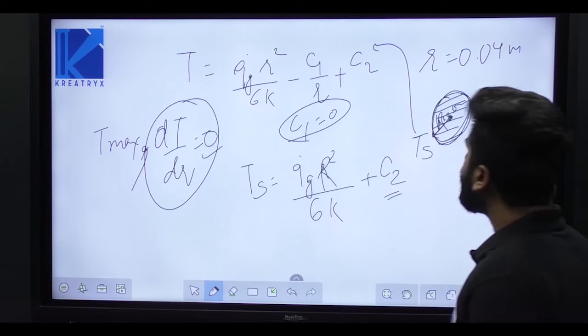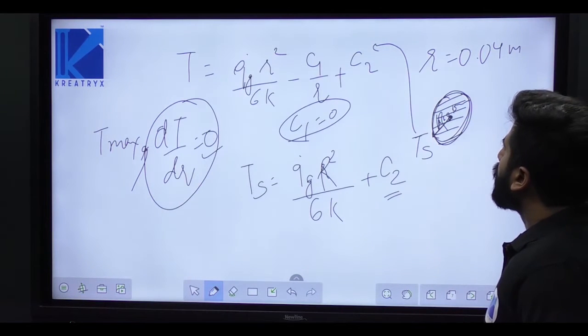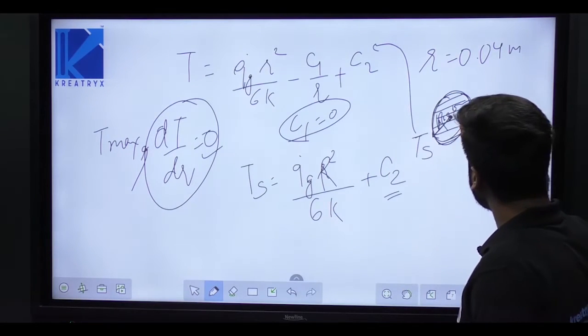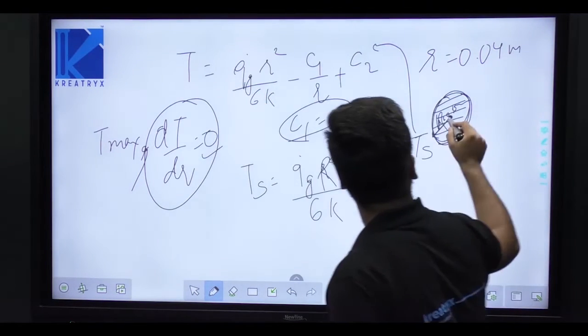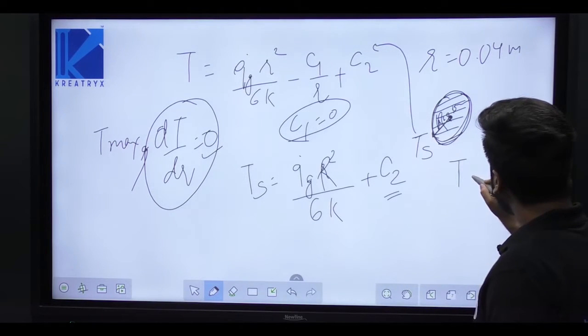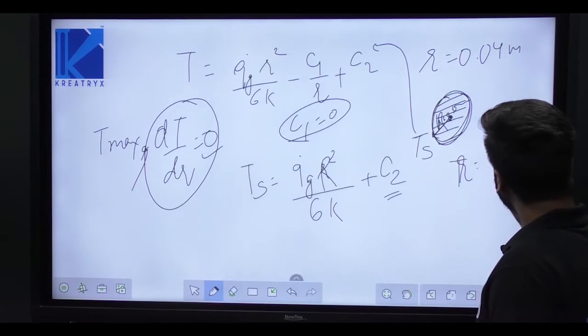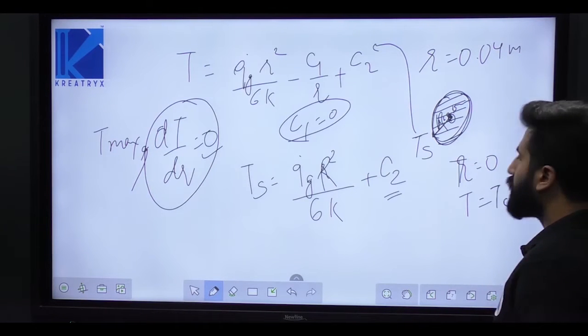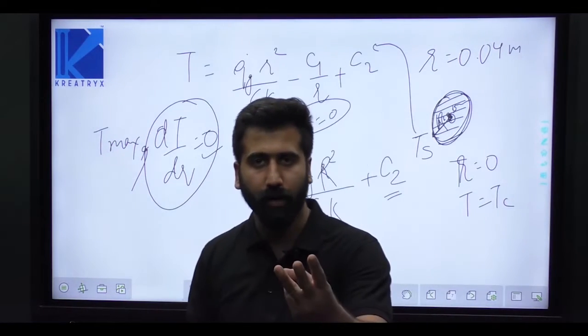Now there is one more boundary condition that we can put, that at r is equal to 0, the temperature at the center is equal to Tc. So we have actually applied three boundary conditions.